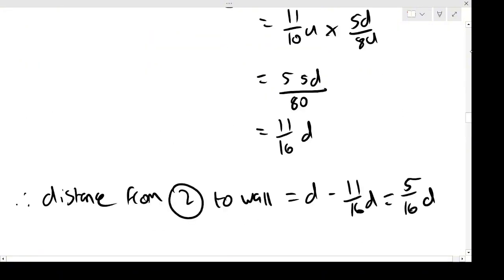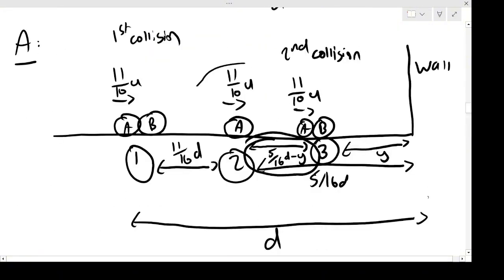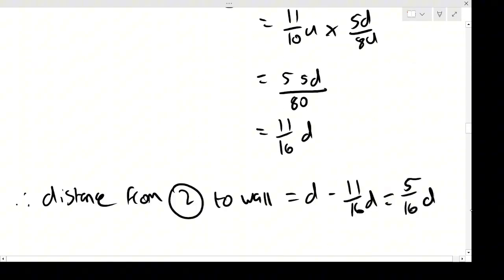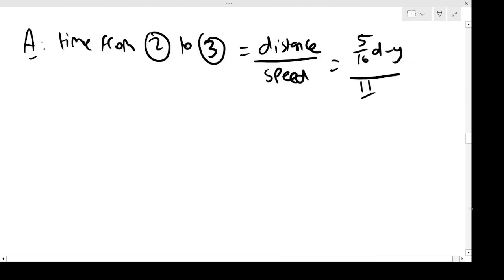And then the speed from point 2 to point 3 is again 11/10 u for A, right? And so we can simplify this. Again, if you're struggling, we could say that's 5/16 d take away y, divided by 11u/10.